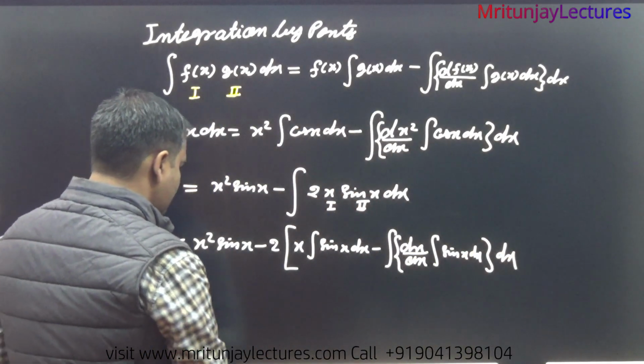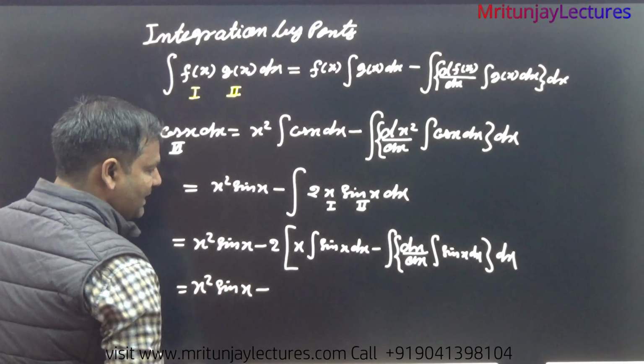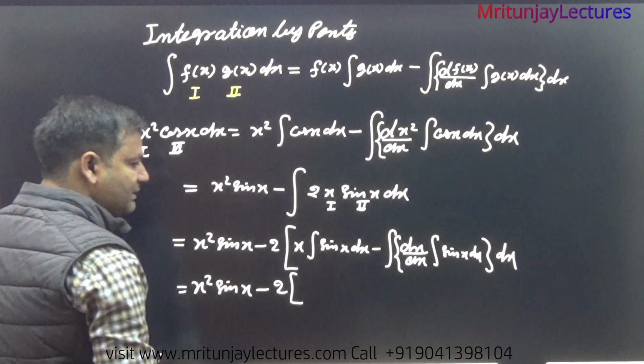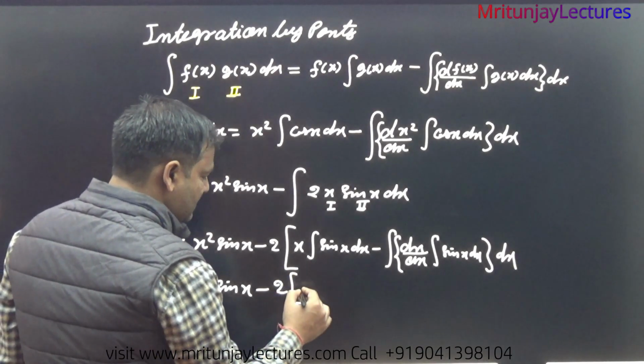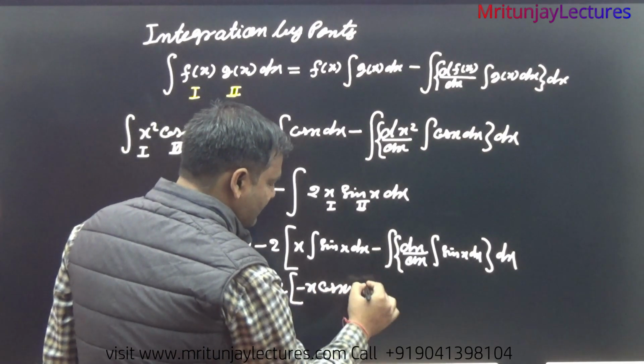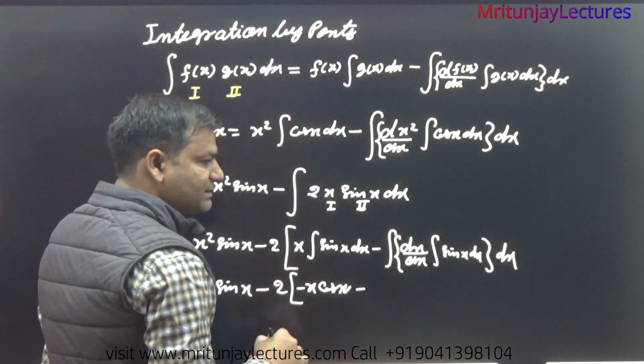So finally we get x square sin x minus 2, integration of sin x, that is minus cos x. So minus x cos x, and that one is minus dx by dx, that is 1, integration of sin x, that is minus cos x.